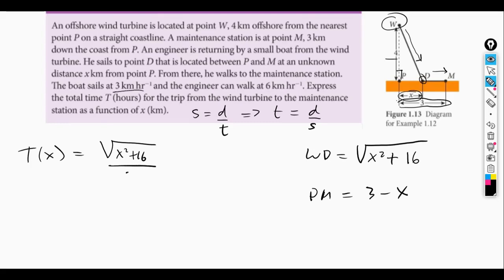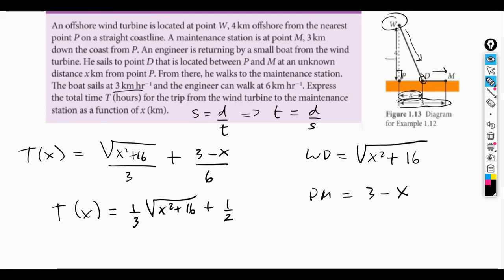That's the time it took from W to D, plus 3 minus x, the distance between D and M, divided by the speed of 6 kilometers per hour. And then we can rewrite this as T of x is equal to 1/3 square root of x squared plus 16, plus (3 minus x) over 6.